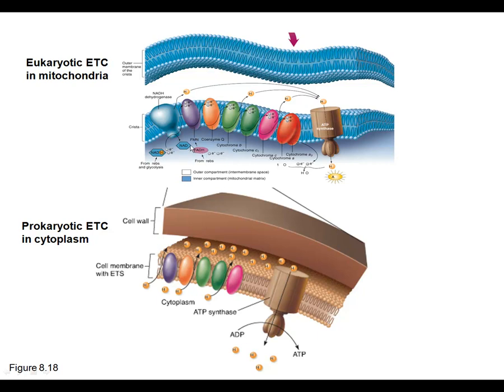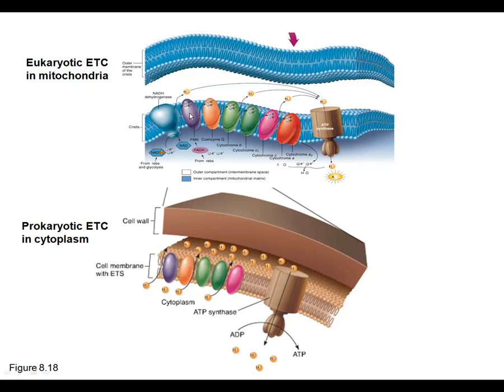FAD is going to go through a carrier on a membrane called FMN, flavin mononucleotide. Essentially what happens here is the same thing as with NAD, but this is a lower energy entry point than the NADH dehydrogenase, and that is where FAD goes in. So you have less energy coming through FAD than you do NAD.